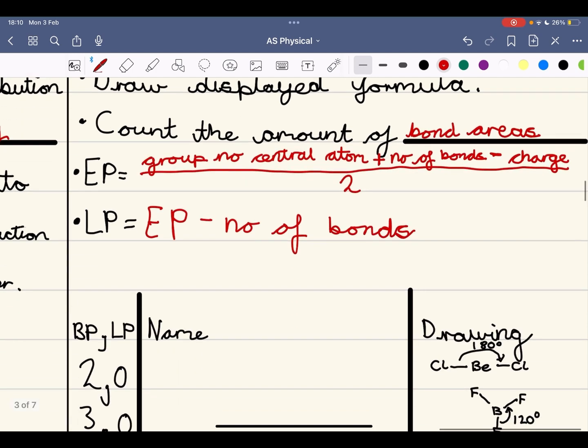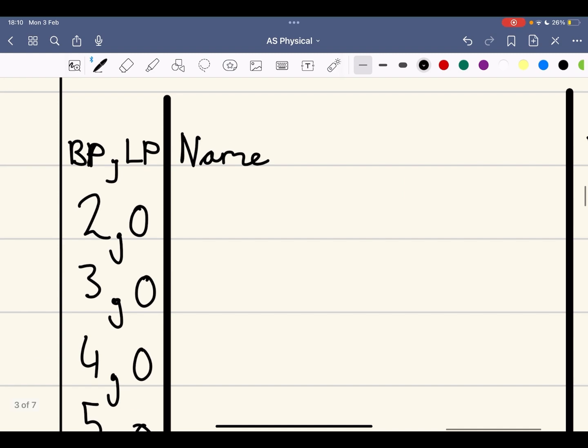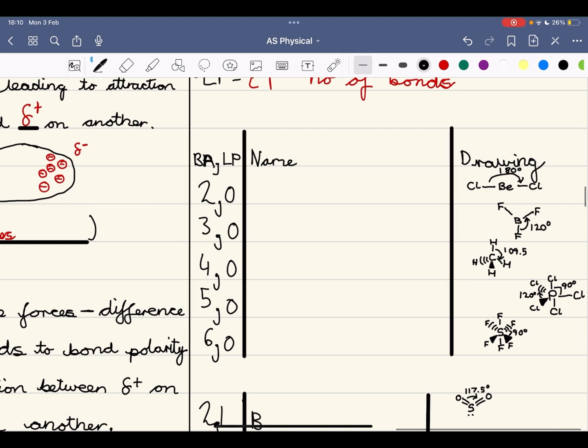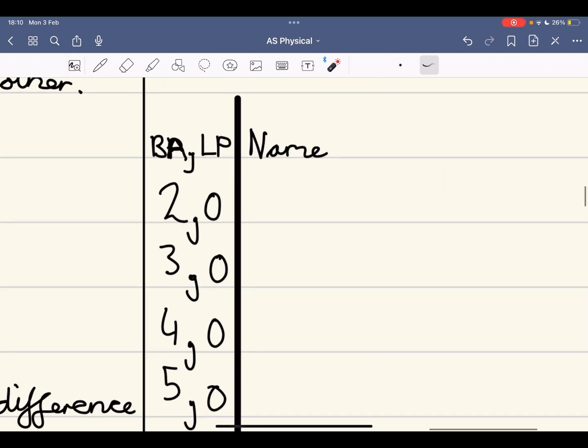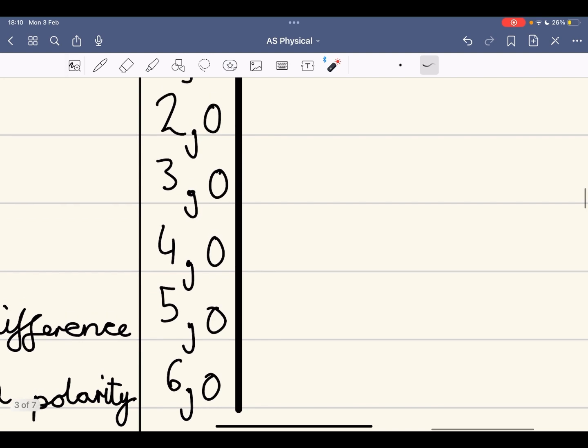Alright, so here I've got, actually this should be bonding areas. Okay, so we'll go through what that means in a bit, but these are all the different types of structures you can have. So when you have 2 bonding areas and 0 lone pairs, so all of these molecules here have 0 lone pairs.